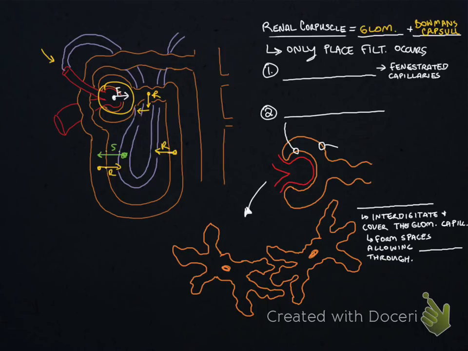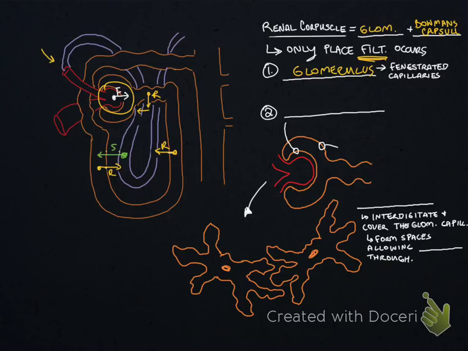It is the only place that filtration happens. The glomerulus is a fenestrated capillary, meaning it has holes that allow substances and ions and particles to move through.